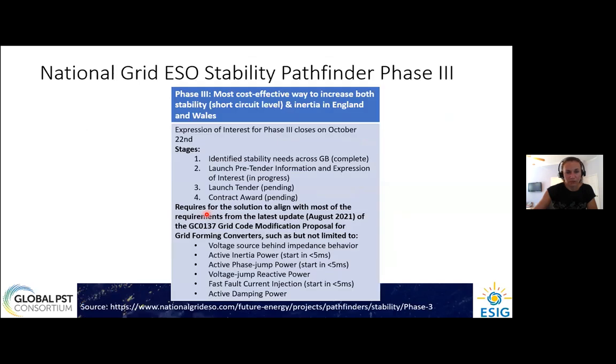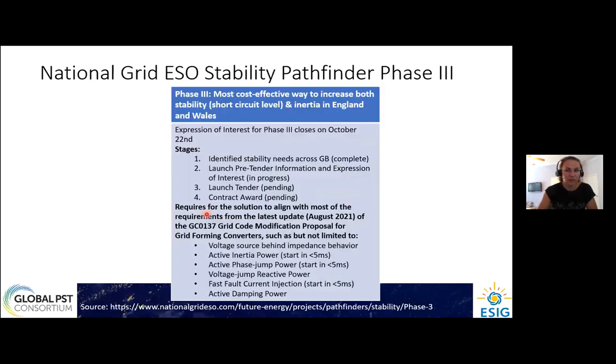And now also Stability Pathfinder phase 3 is starting up. And that phase basically copies the latest requirements from this grid code change.